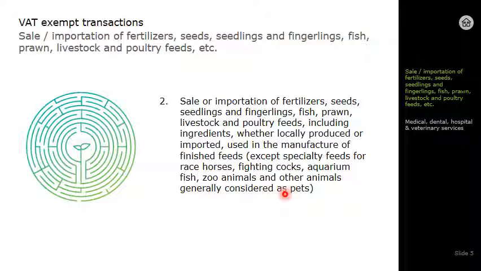Okay? Why am I emphasizing on that point? Well, the reason is this exception. Feed of animals which are pets, aquarium fish, zoo animals will not fall within this exception. Ano ibig sabihin? So pag bumili ka ng dog food ng alaga mong aso, hindi exemption. Okay? Yan.